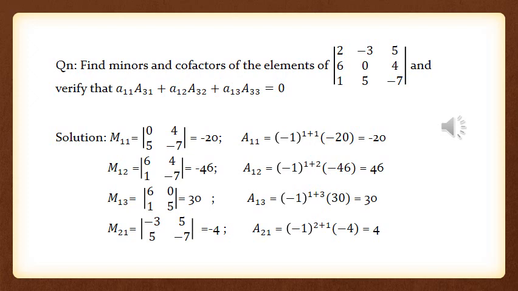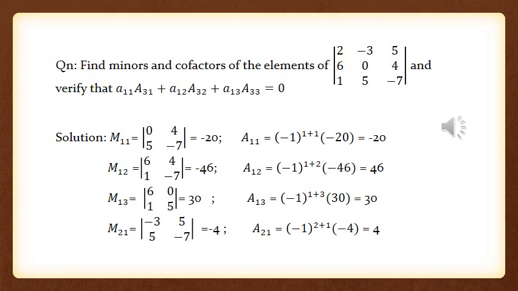That is 0 minus 20, equal to negative 20. Now its cofactor A11 is equal to negative 1 raised to 1 plus 1 into its minor, which we already found, negative 20. So negative 1 squared into negative 20 is negative 20.